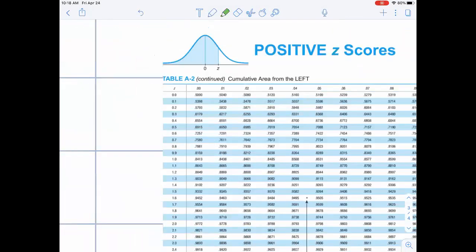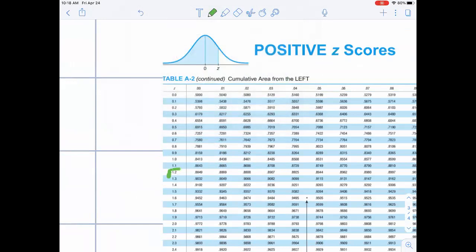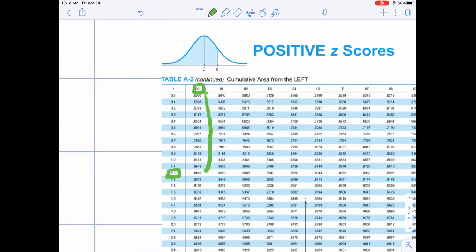So if I get my highlighter, 1.2 would be here, but 1.20 is above here. So where do those two intersect? I'm really looking for this number here. Do you agree with that?